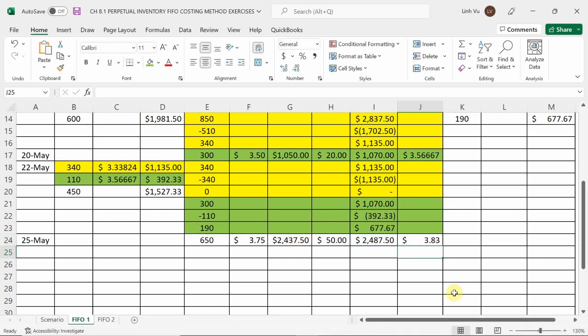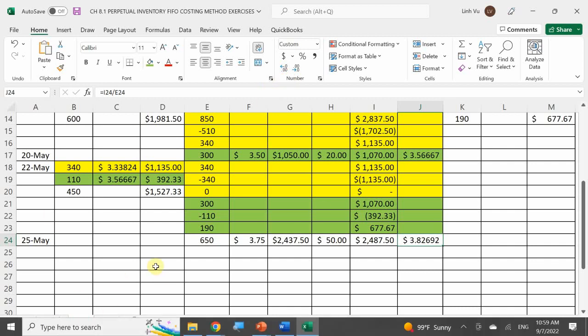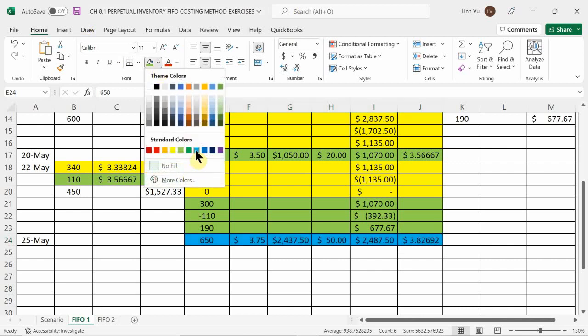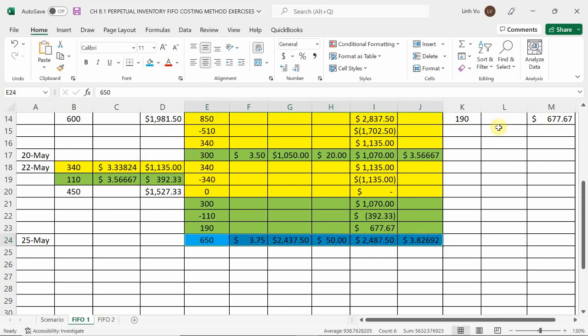Cost per item should be $3.82692. And because it's a new batch of inventory, I'm going to call this blue. Right? So let's go ahead and update my inventory.